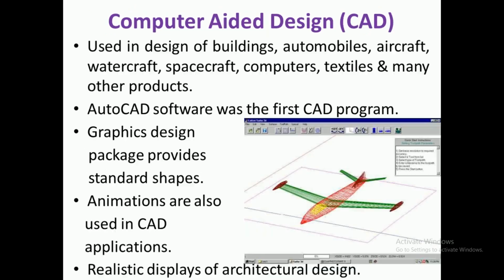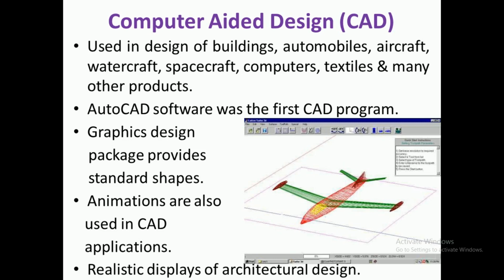Computer aided design, that is CAD, right? Used in design of buildings, automobiles, aircraft, watercraft, spacecraft, computers, textiles, and many other products. Because nowadays nobody wants to build any car or aircraft directly from scratch in the real world.